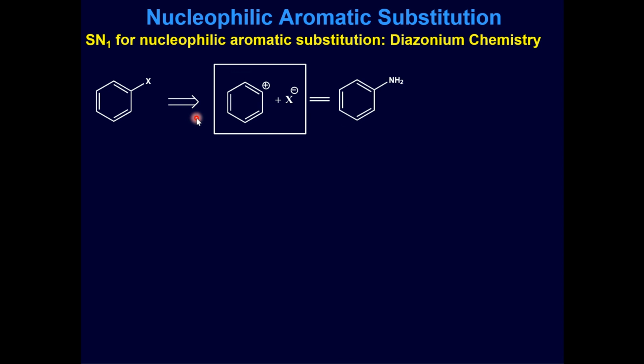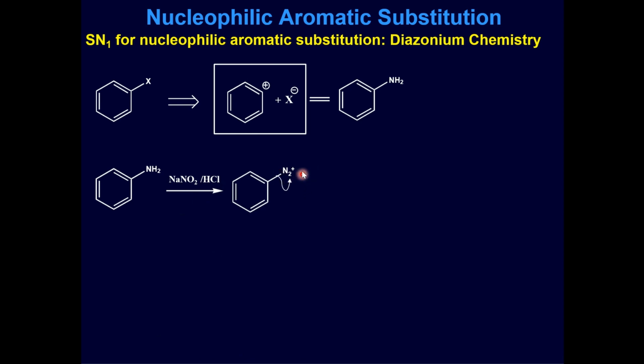How to do that? For that, instead of X minus, I add NH2. I'll take aniline, and I make it undergo diazotization using sodium nitrite and HCl. They react together to give nitrous acid. Nitrous acid combines with NH2 to give the corresponding benzene diazonium halide. Nitrogen is electron deficient.